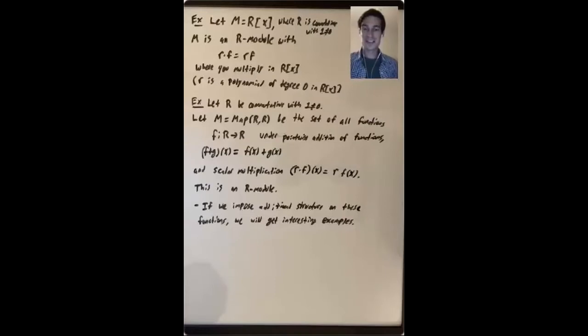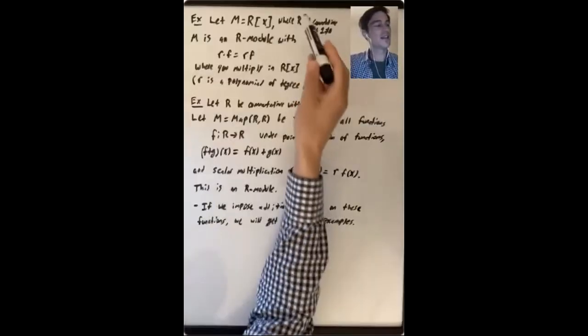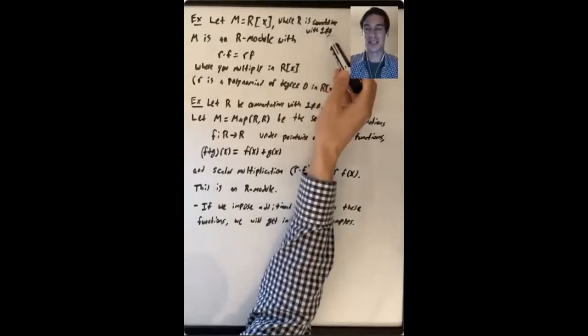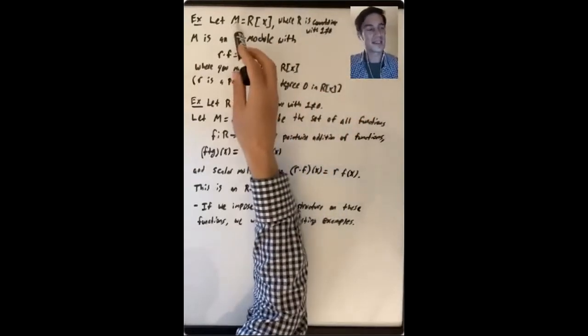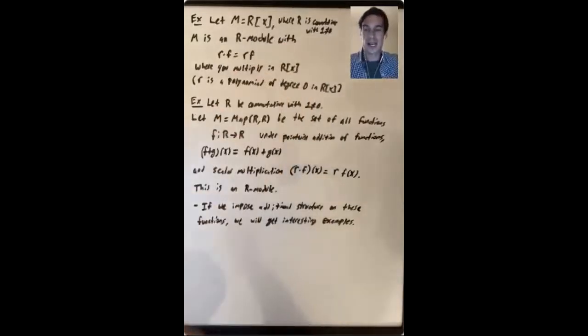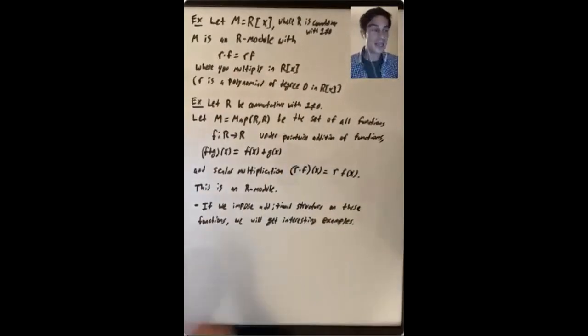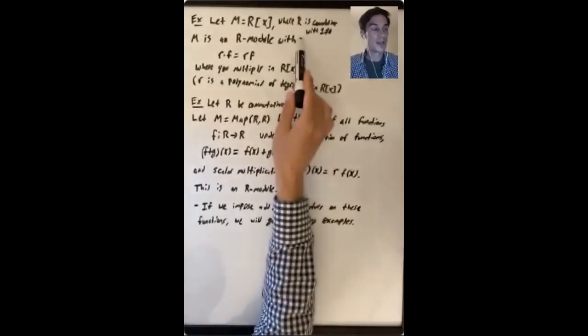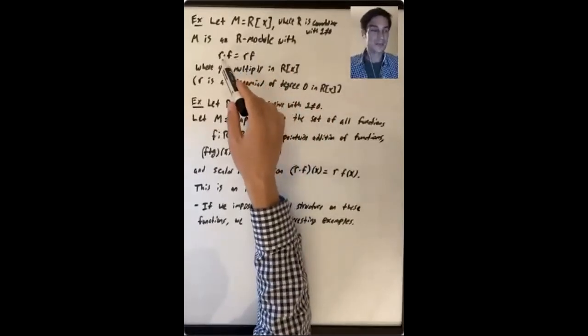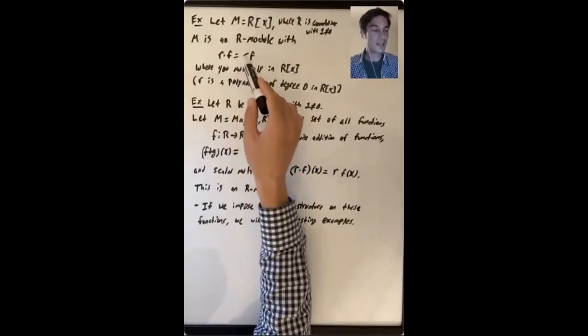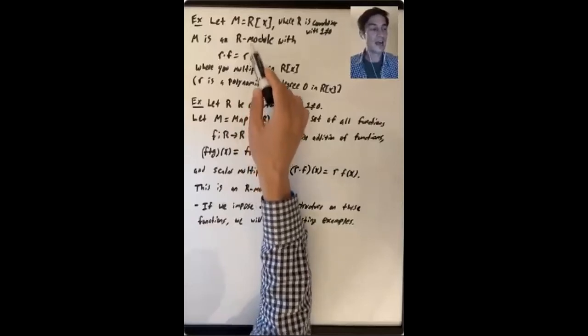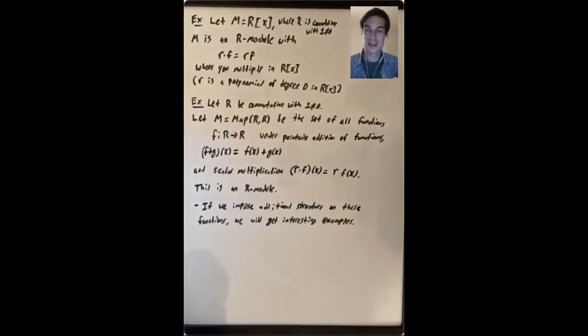We'll finish this lecture with two last examples. Let's say that R is a commutative ring with identity 1 not equal to 0, and let M be the polynomial ring R[x]. Then M is an R module. We have to say what the scalar multiplication is. We'll define r dot f to be the product of r and f in R[x].